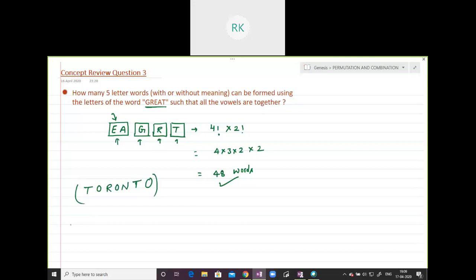How many ways you can rearrange the word Toronto such that vowels are together? Sankirth is saying 360, Nikhil is saying 120. Okay. Are you sure, Sankirth? Let's try. So we'll count 1, 2, 3, 4, 5, 6, 7. 7 factorial. Any repetition is there?